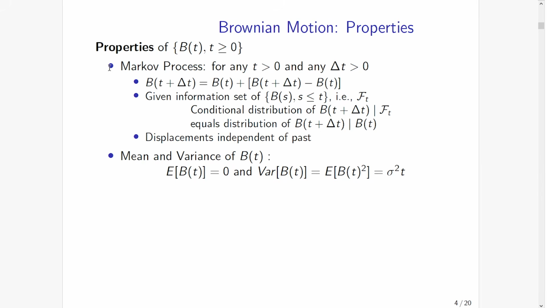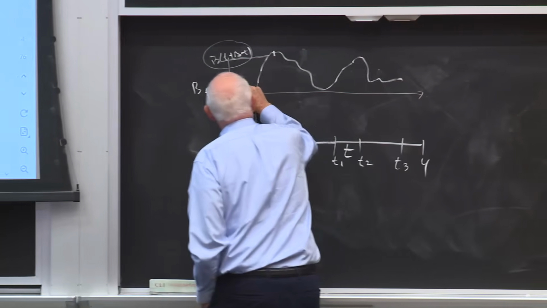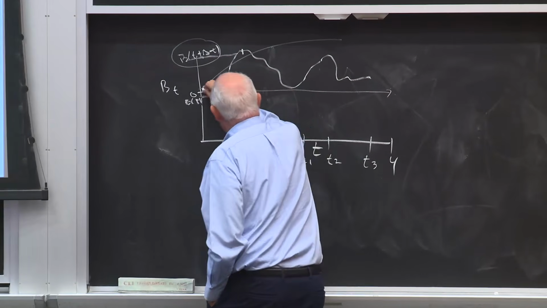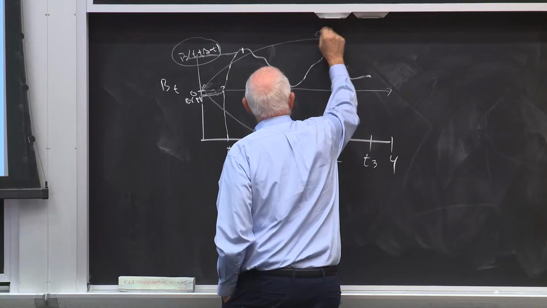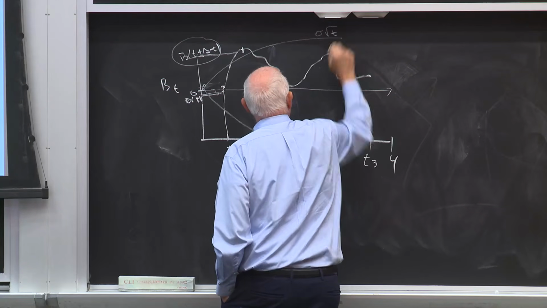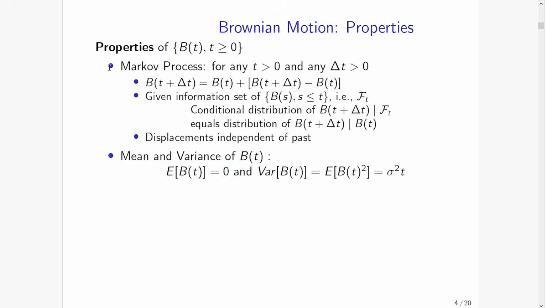And so the standard deviation of B(t) will be sigma times the square root of t. So if we think of drawing curves which correspond to sigma square root of t, this corresponds to one standard deviation above the 0 mean for the process.